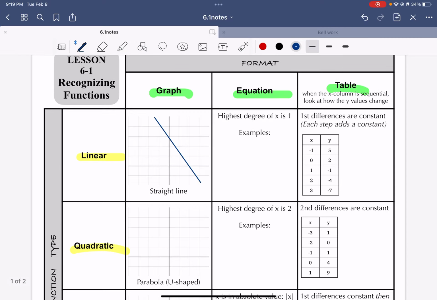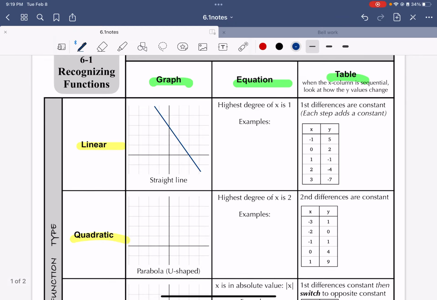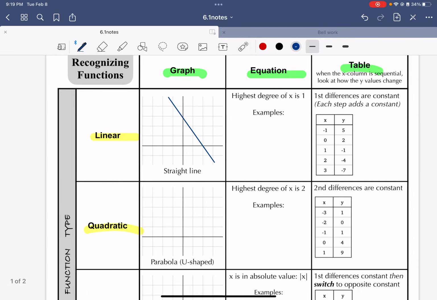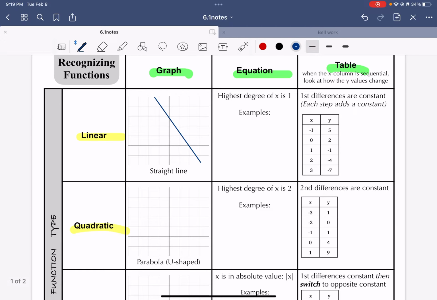All right, for a quadratic equation, let's do a quadratic equation next. So quadratic equation, that's what we've been working on. You guys should be familiar with what they look like. It is a parabola. So go ahead and draw an example of a parabola on your notes. All right, yours doesn't snap into place like mine does, but that's okay.